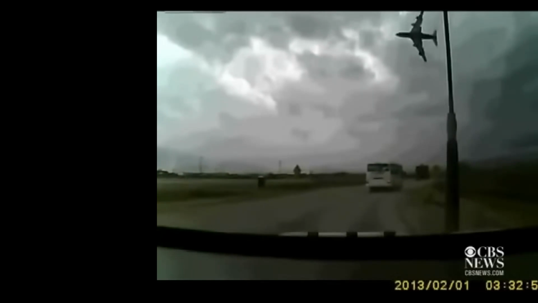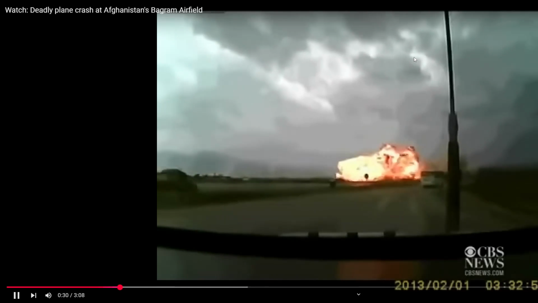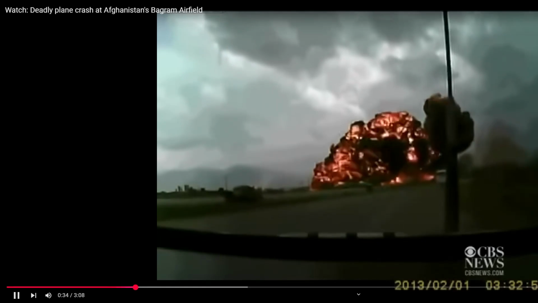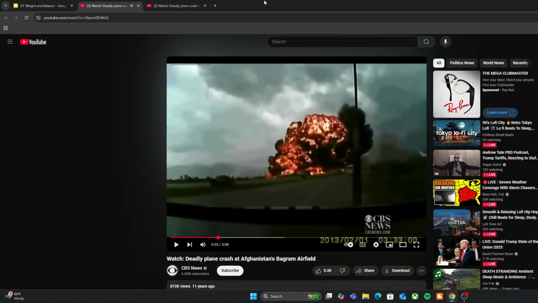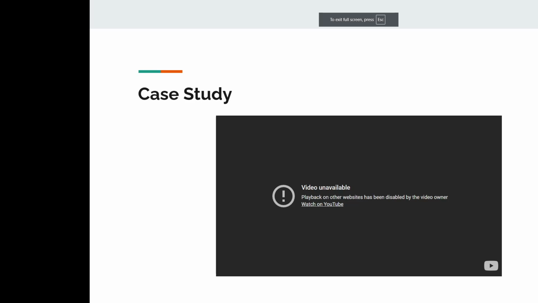And unfortunately that stall leads them to fatally crashing into the ground and killing everyone on board, which I believe was 7 people total. So this tragic example is a good example of how weight imbalance can affect aircraft performance. And obviously, worst case scenario, it can lead to fatal accidents like that.